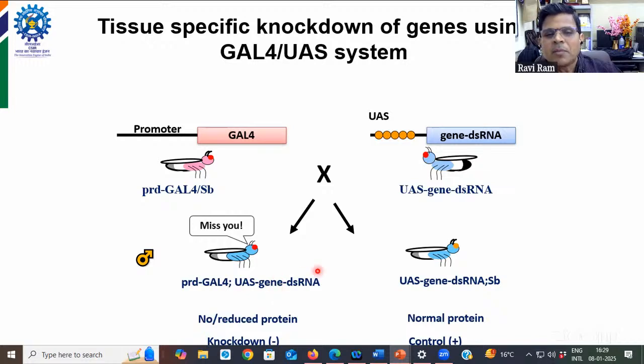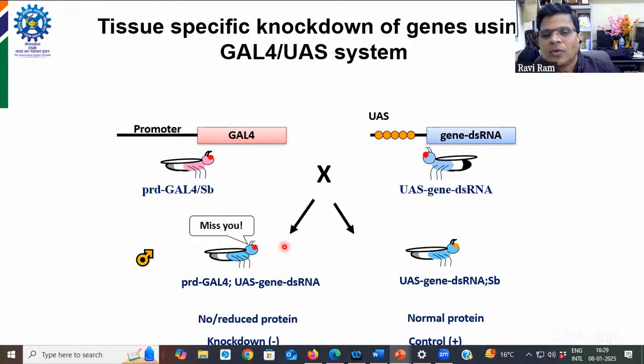Okay. So that way you can get a male which has the GAL4 plus the dsRNA. See, this is simple Mendelian genetics going on. This gamete will have promoter GAL4 and this gamete will have US gene dsRNA. So when these gametes fuse together, you give rise to this particular progeny which has GAL4 plus dsRNA.